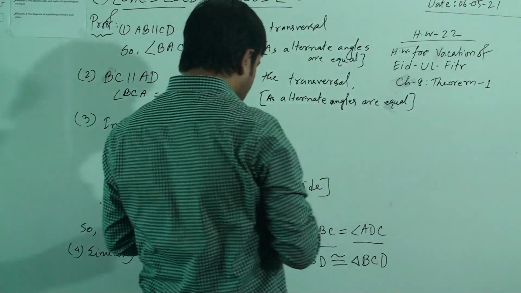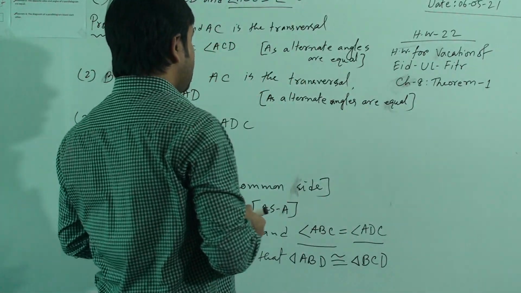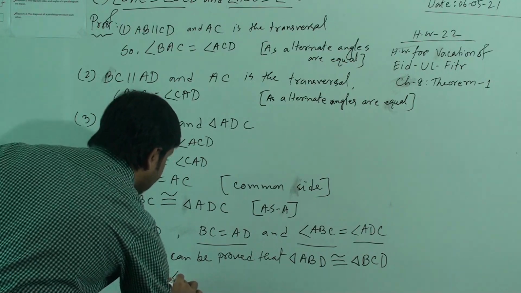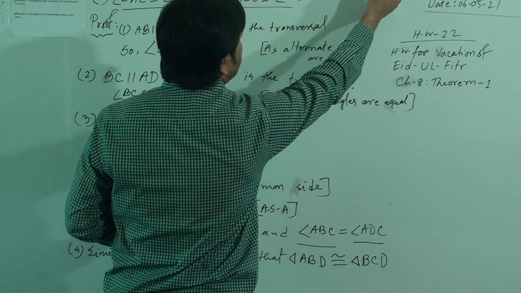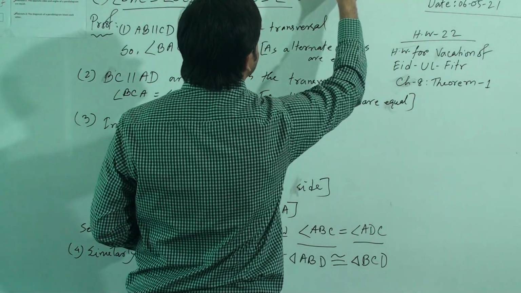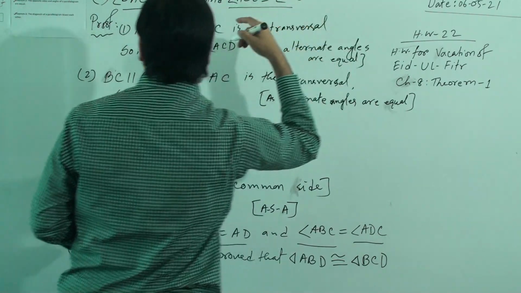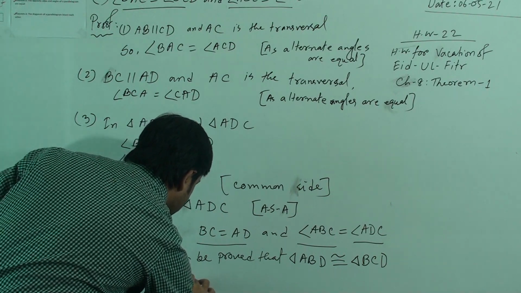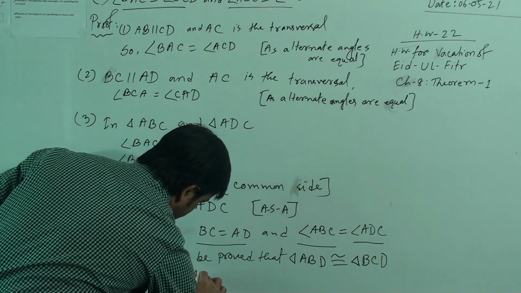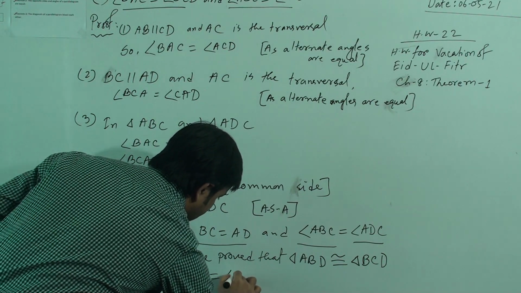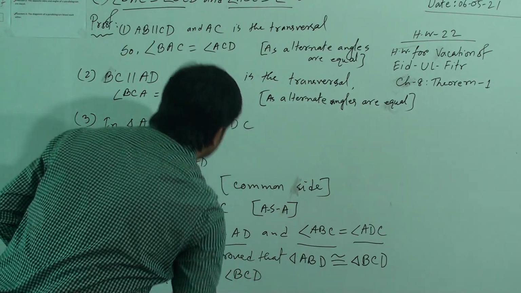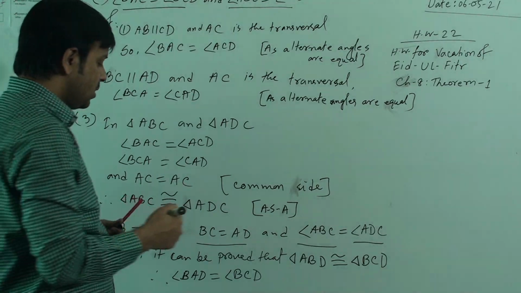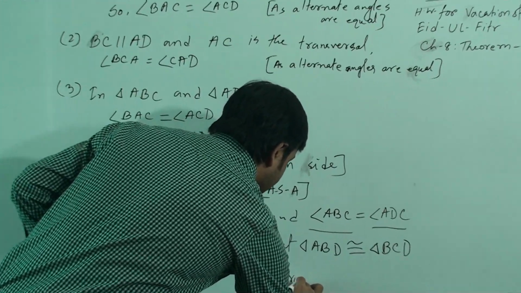From these two triangles, we can say, therefore, angle BAD is equal to angle BCD. So the proof of all the portions is done here. So the proof is done.